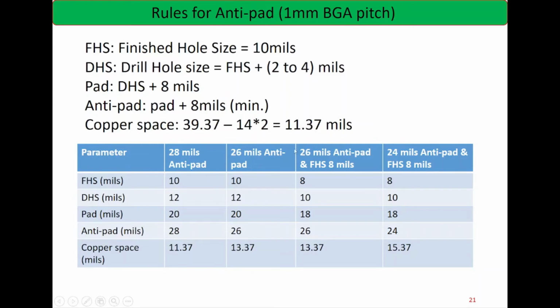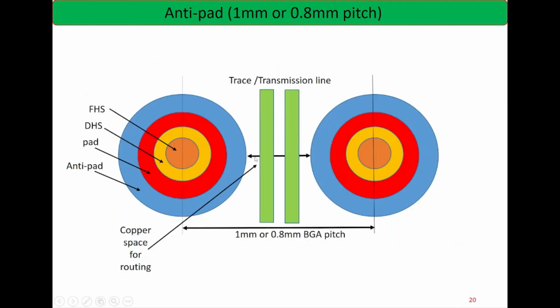Similarly, you can do calculations for other anti-pad values. Suppose I want to have an anti-pad of 26. If you want an anti-pad of only 26, you will have 13.37 mils copper spacing. Same thing for a different anti-pad: I change it to 26, half is 13, from here to here 13, from here to here 13.